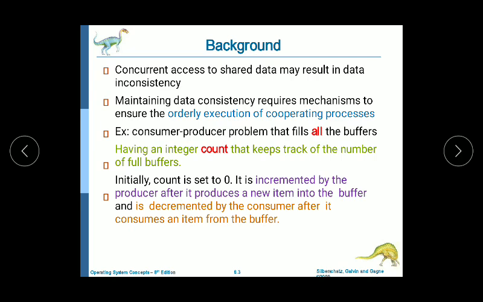Now we return to our consideration of the bounded buffer. As we pointed out, our original solution allowed at most buffer size minus 1 items in the buffer at the same time. Suppose we want to modify the algorithm to remedy this deficiency.